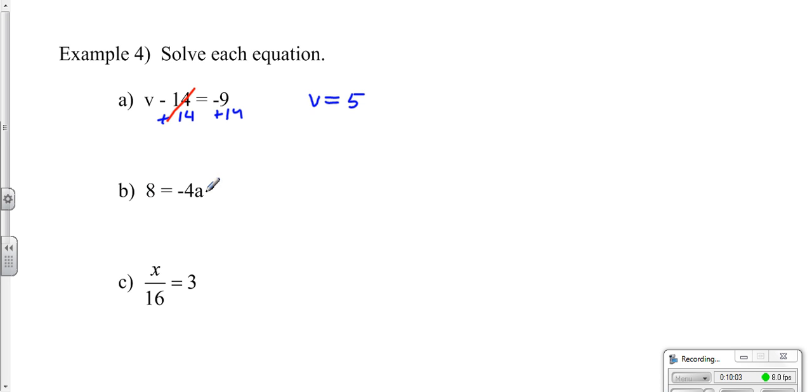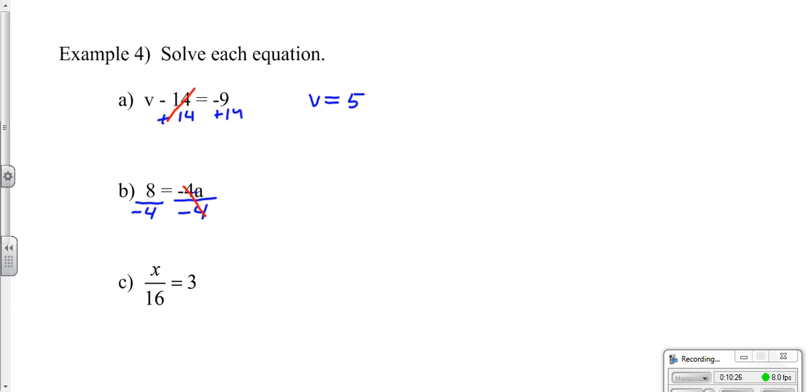Alright, b, we have 8 minus negative 4a. Well, this is negative 4a, or negative 4 times a. So to undo multiplication, we divide. We're going to divide by the negative 4. The negative goes with it. But you have to do it to both sides, as I did in the first example, otherwise it's not considered appropriate, because we have a balanced equation.